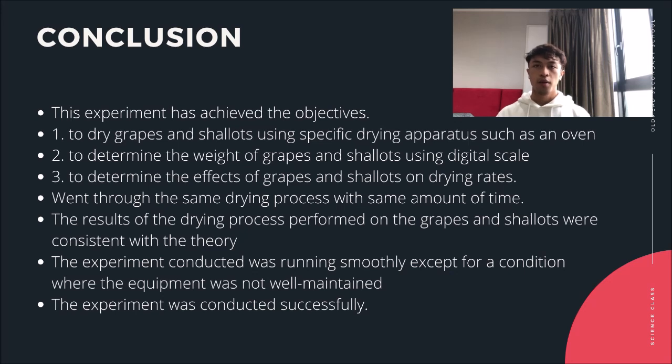The experiment ran smoothly except for a condition where the equipment was not well maintained. In fact, troubleshooting the experiment is important as errors yield incorrect results. Therefore, since the objective of the experiment was successfully obtained, the experiment is successfully done.